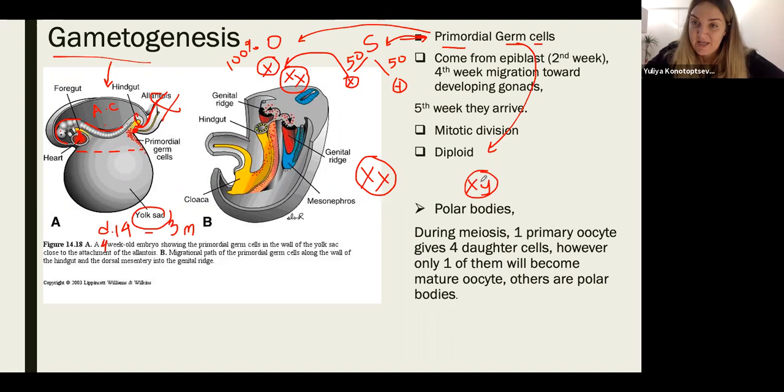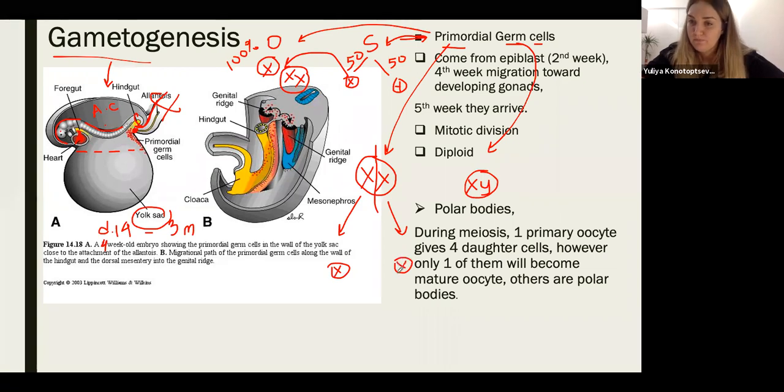Diploid means that it has two sets of chromosomes. These two sets could be either XX or XY. If we have a PGC carrying XX chromosomes, later it will be dividing, splitting and giving rise to two cells. Each of these cells now has one X chromosome. What do you call these cells?